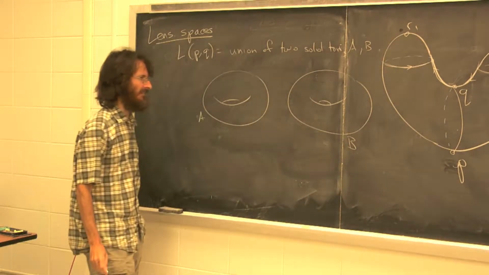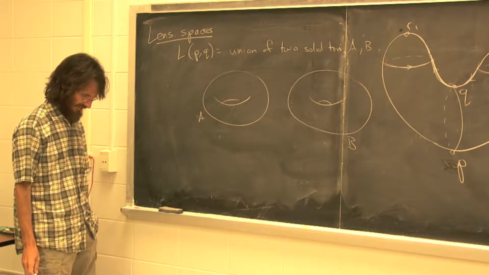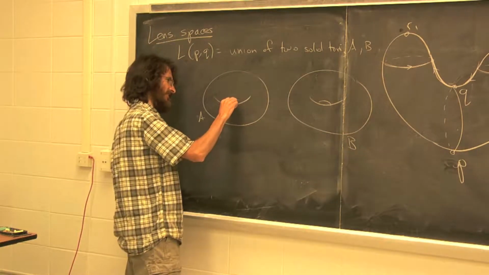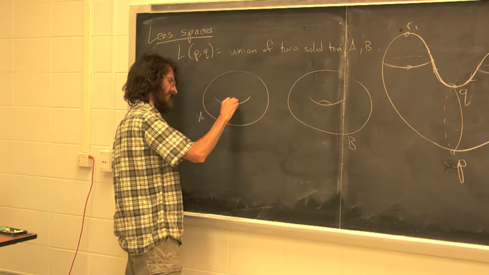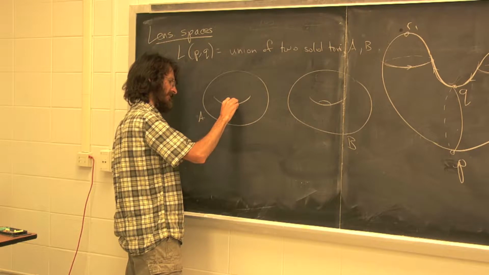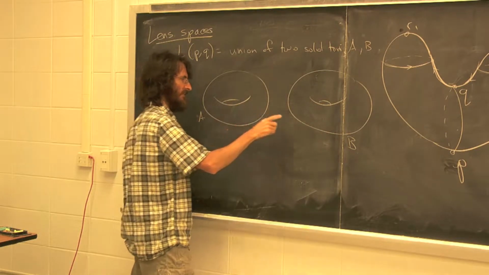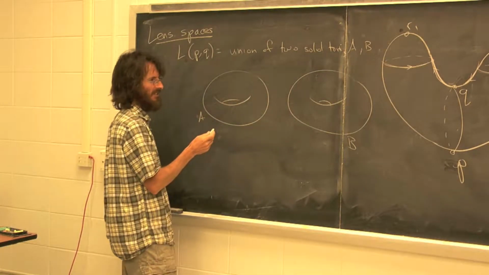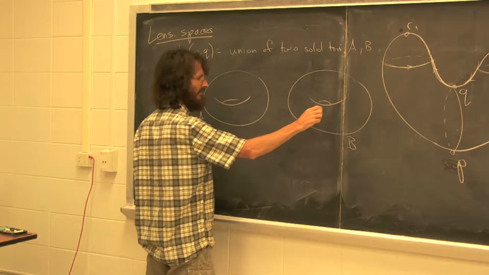And let's see. I may get the convention. Right. So I'm going to glue these two solid tori together. And what I need to do is specify the image of.